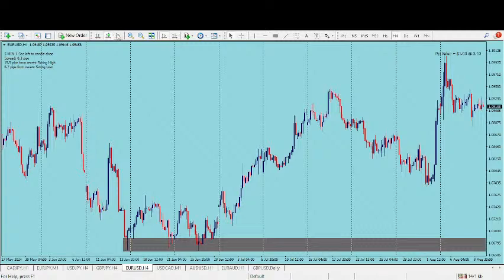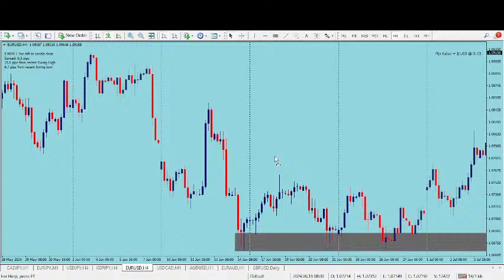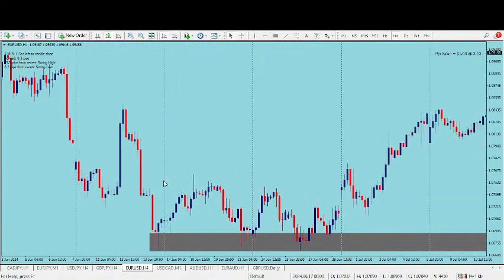In fact, let me zoom in. I want to zoom it in more. See this area very, very well now. The market got here. Let us mark this area. Very, very important. Let me use rectangle to mark it.